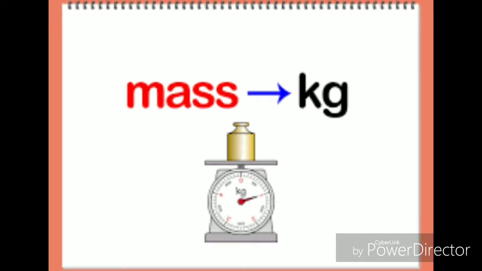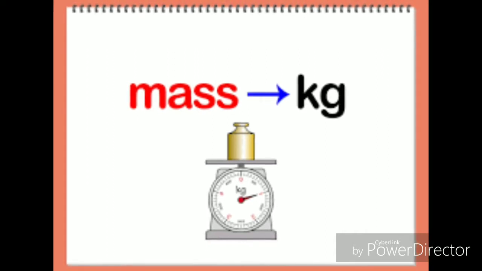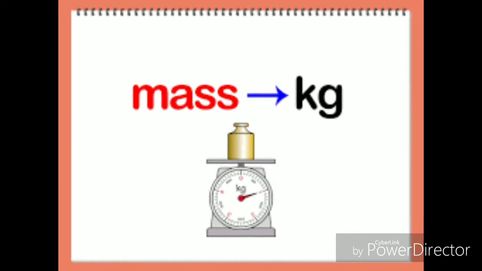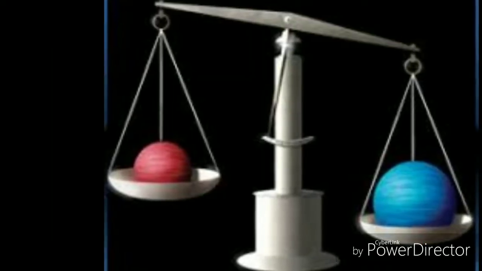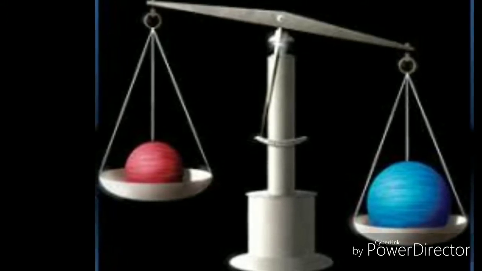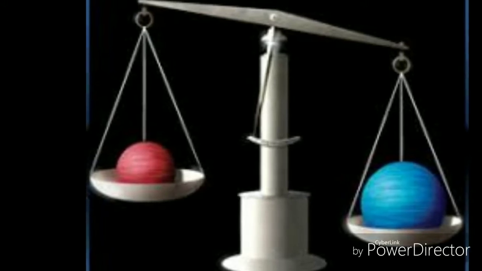AMU means 1 by 12th the mass of a carbon-12 isotope atom. 1 AMU is equal to 1.66 into 10 raised to minus 27 kilograms. 1 carat is equal to 200 milligrams.